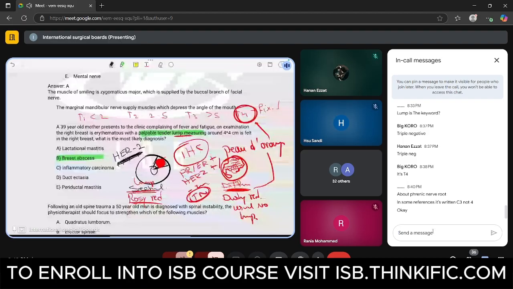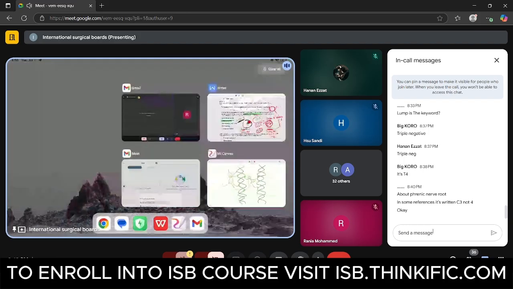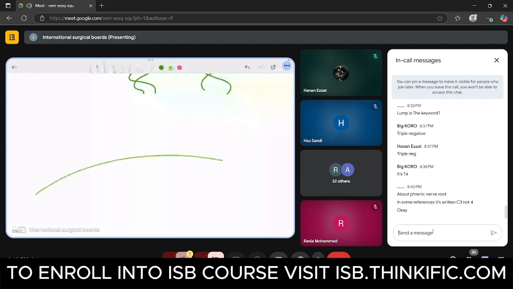HER2 has no ligand. There's nothing that is known to science that attaches to HER2. But how is it activated then? Let me show you. Actually, what happens is that, let me tell you, that's one HER2 receptor. Okay, that's one HER2 receptor.